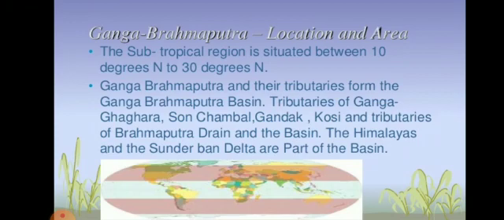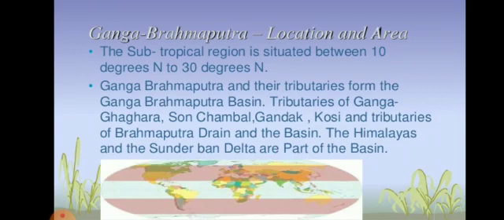As the name tells, two major rivers drain this basin: River Ganga and its tributaries, and River Brahmaputra and its tributaries. Tributaries of Ganga are Ghaggar, Son, Chambal, Gandak, Kosi, Yamuna, and the tributaries of Brahmaputra are Teesta, the major tributary of Brahmaputra.